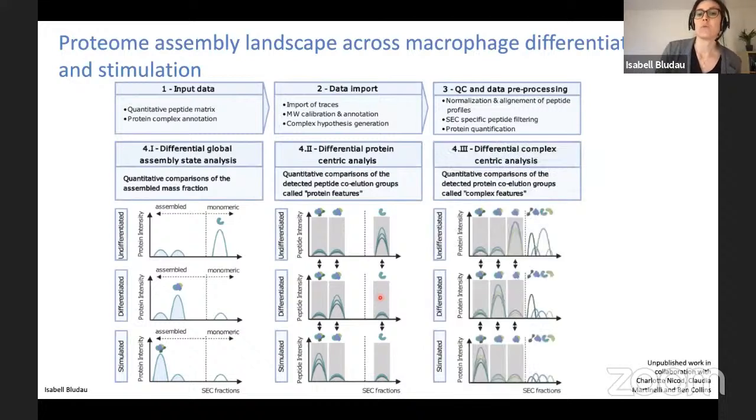And finally, we can perform the complex-centric analysis, where we look at all the proteins of a specific complex query. And here we detect 3 different subcomplexes of this toy example. And we can, for each of these complex instances, do a quantitative comparison.